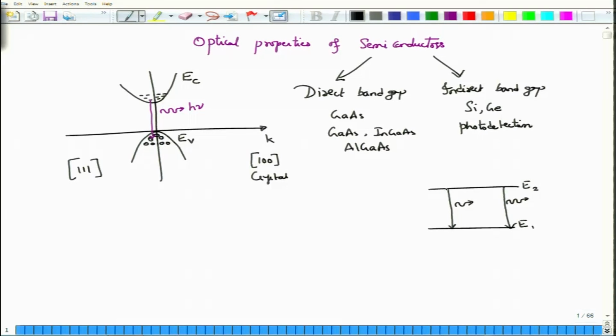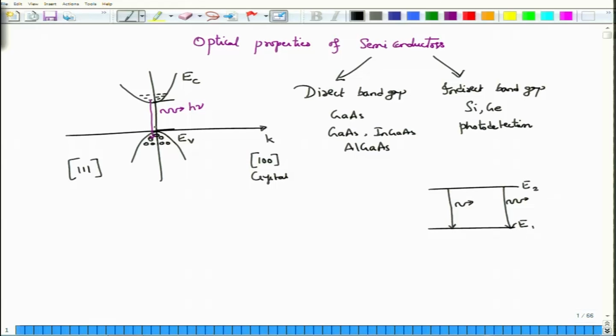So this process, which we call the energy transition from the energy level E2 to E1, which creates a photon, is slightly different. In fact, it is quite different in the semiconductor case, because now the frequency of emission is dependent on the energy difference of the transition.